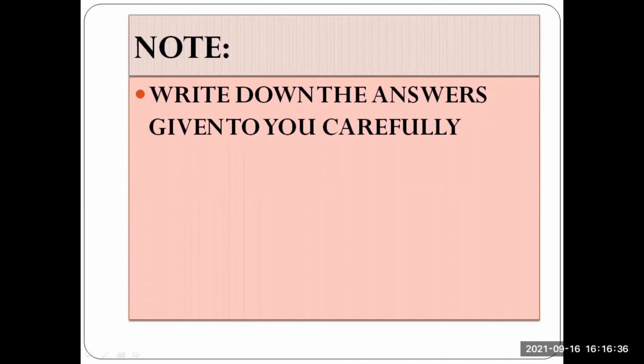Question number 4. Why is mechanization not so important in intensive subsistence agriculture? Write down the answer. This is because hand labor is required at every stage of farming, such as tilling, sowing and harvesting.